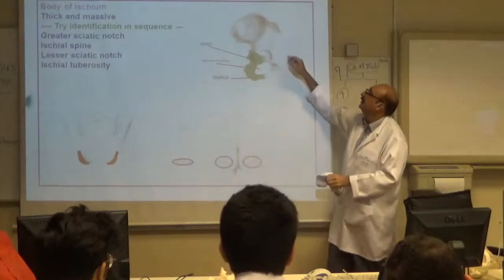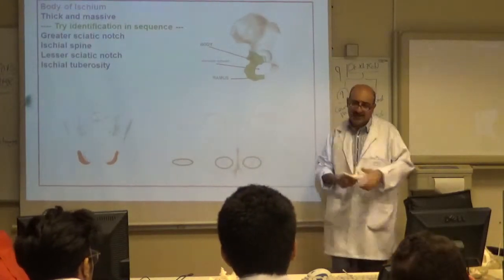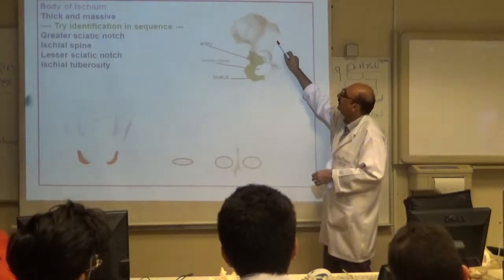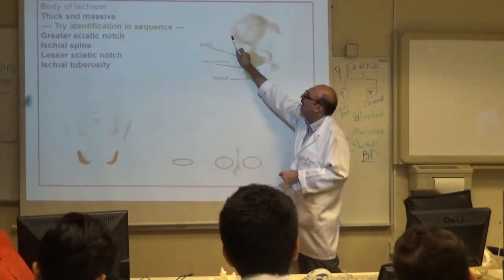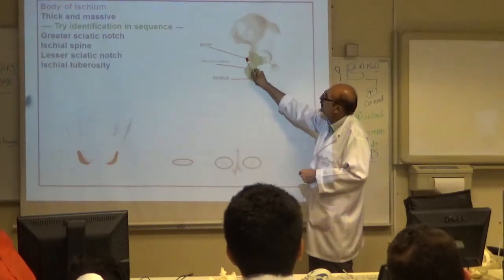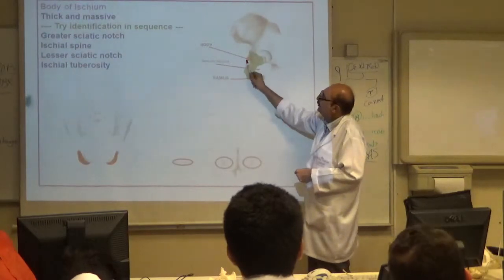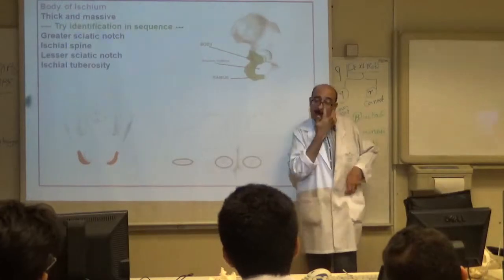The greater sciatic notch is half by the ilium, half by the ischium. Then the ischial spine, then the lesser sciatic notch.